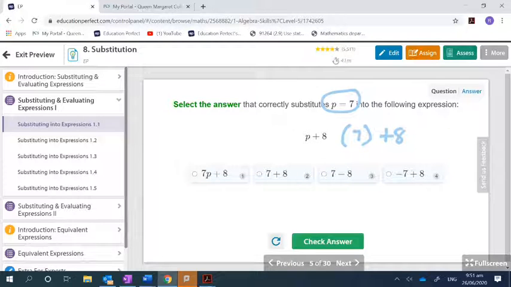No. So in this case, there's really no reason for the bracket to be there. We know that because it's just a plain old p all by itself. Now, what if I had 2p plus 8? Would I need the bracket then? Yes. Do you see the difference?